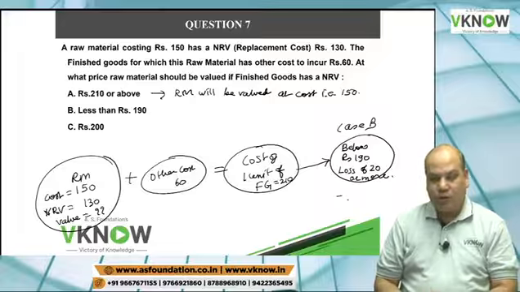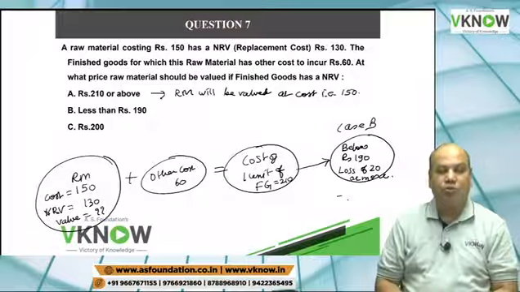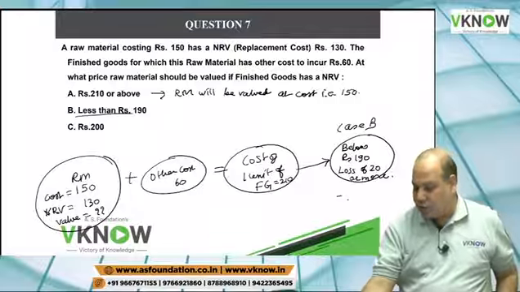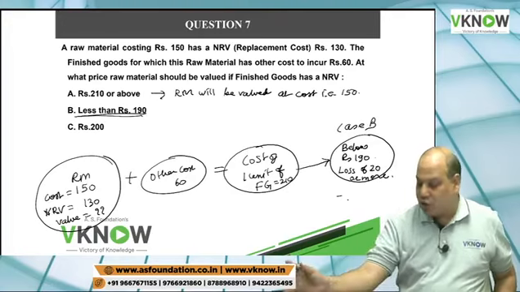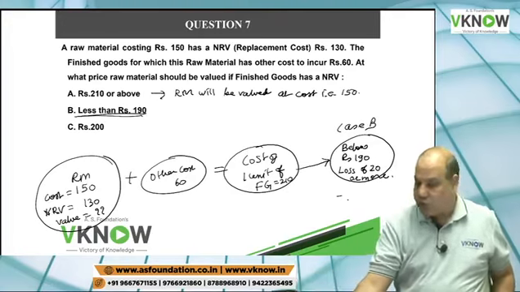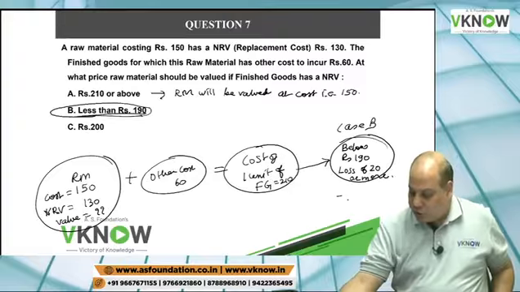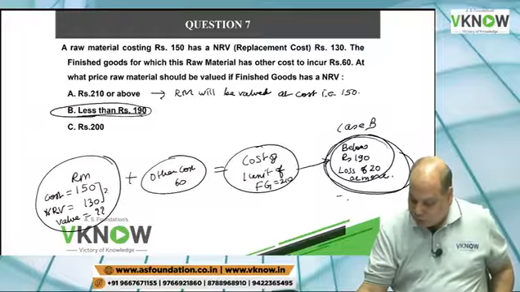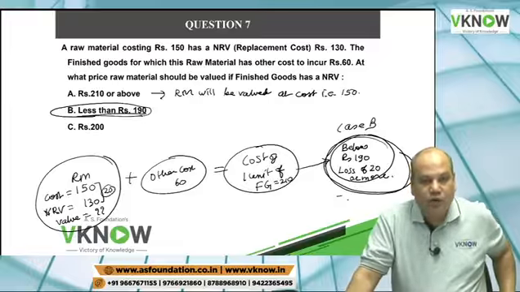Case B, on finished goods we are going to suffer loss of 20 rupees or more than 20 rupees. Less than 190 means either the loss will be 20 or more than 20. If it is 160, we will have a loss of 50 rupees. So what is the answer for this case? Yes, if the loss is going to be 20 rupees or more, in case of raw material also, the reduction in the value is by 20 rupees, and the reduction in finished goods is also 20 or more.